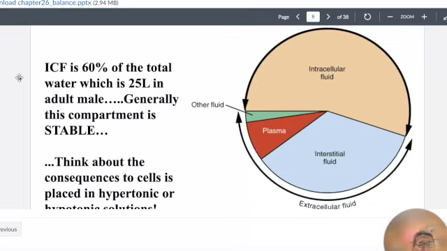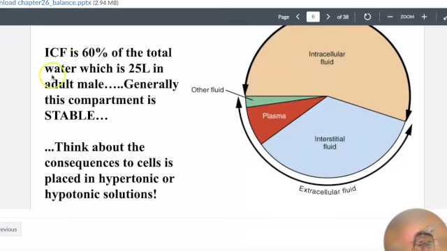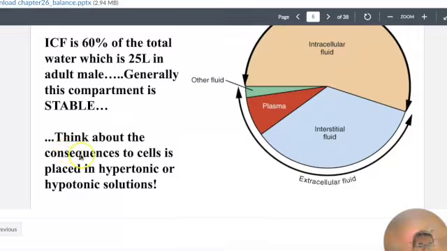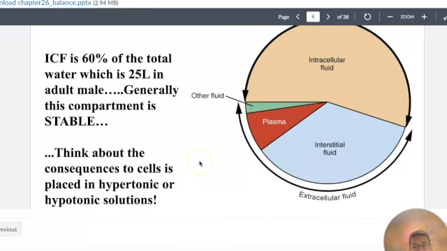Intracellular fluid is 60% of the total water, which is 25 liters in a male. Generally it is a stable compartment. What is the consequence of a cell placed in a hypertonic or hypotonic solution? You guys remember what happened?